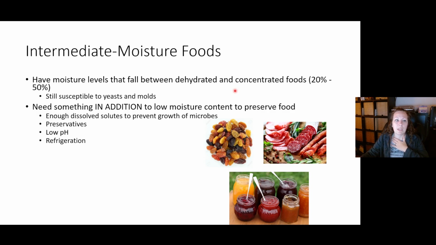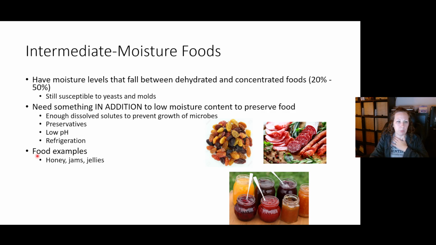So it can be any one or more of these things that these foods require, but they're going to need at least one of them to prevent degradation by microbes and to have that preserving effect of the low moisture.